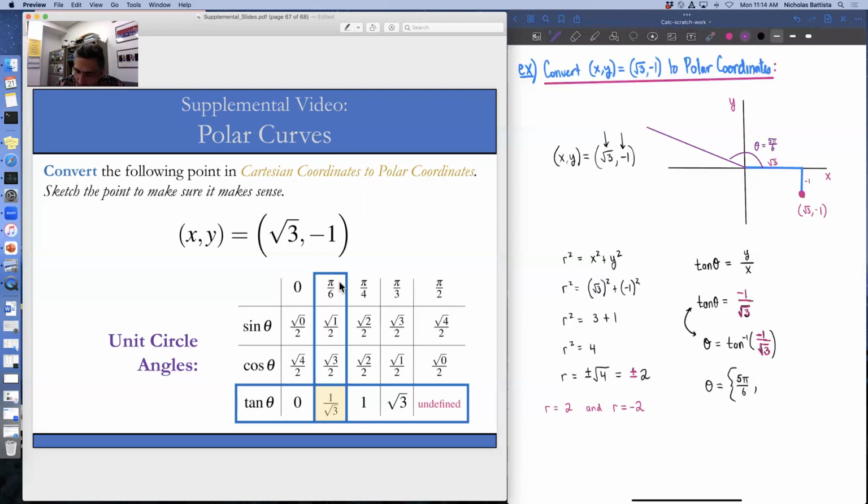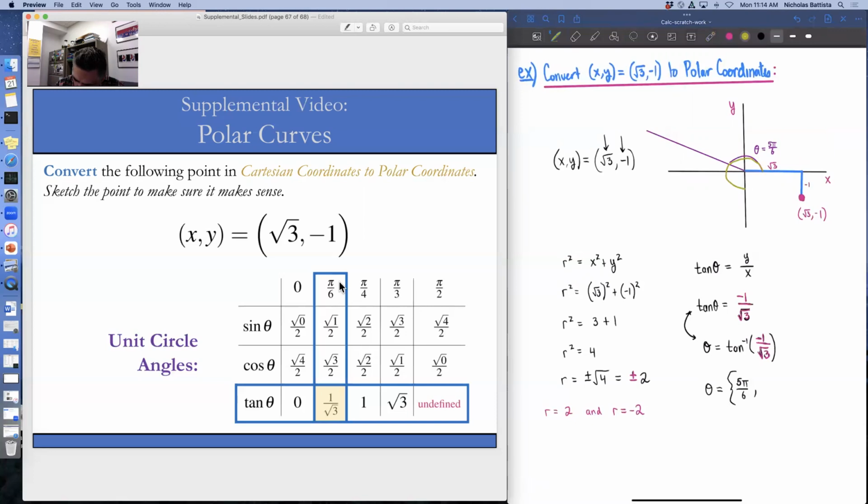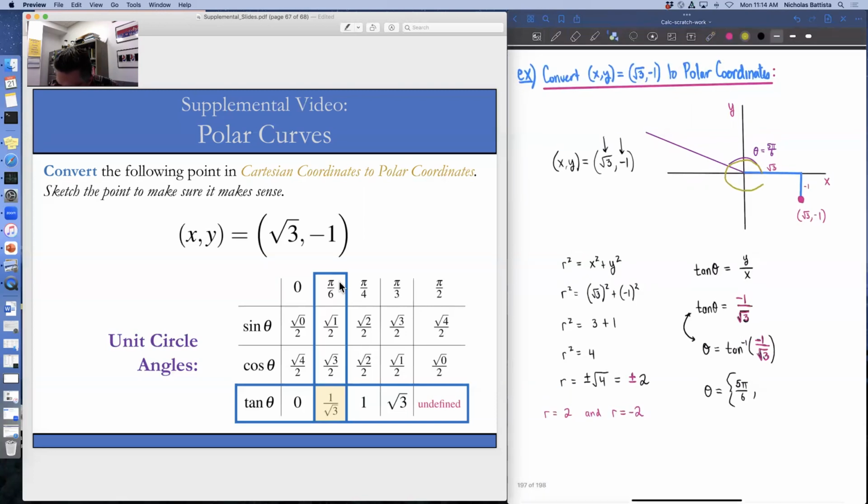So the next angle, either way, is going to circle us all the way from the positive x-axis into quadrant 4, which if we loop this around, will basically give us this angle of either theta being equal to 5 pi over 6 plus pi, which is equal to 11 pi over 6, or equivalently, we could have just started from the positive x-axis and then subtracted off pi over 6 and have theta is negative pi over 6.